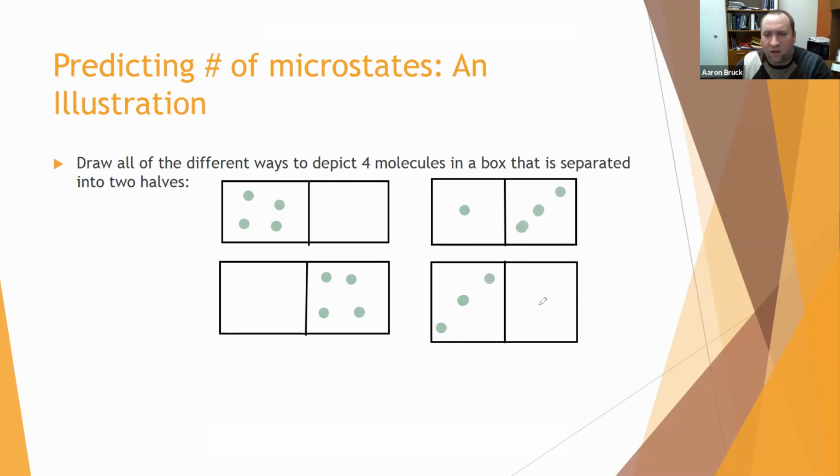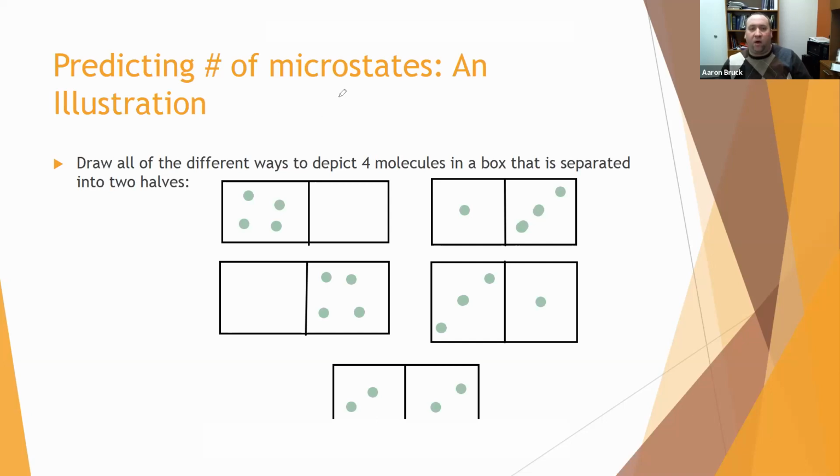I could have 3 over here and 1 over here. Or I could have 2 in each. So if all the molecules are exactly the same, we would have 5 microstates.